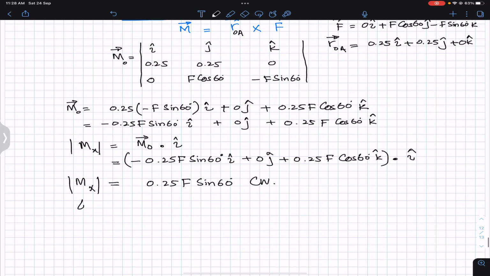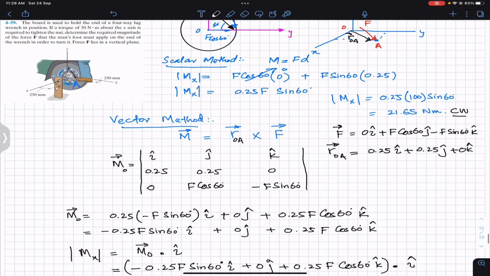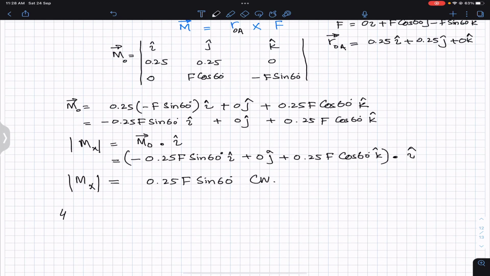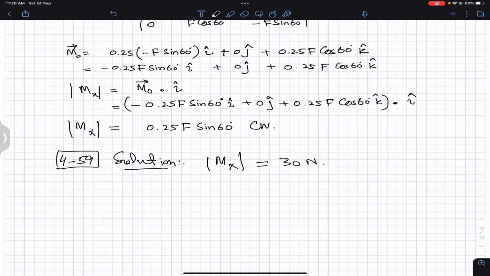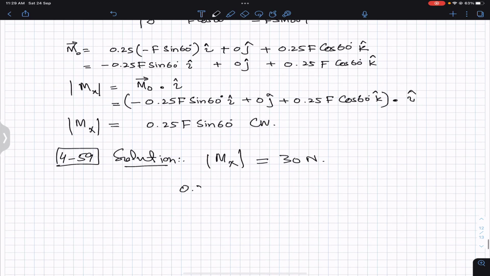So this is problem 4-59 solution. In this problem, Mx magnitude is given, which is 30 Newton meter. So now we can put that Mx magnitude in this equation, which is the general equation for any given force F. So we can write that this is 0.25 F sine of 60 equals 30.